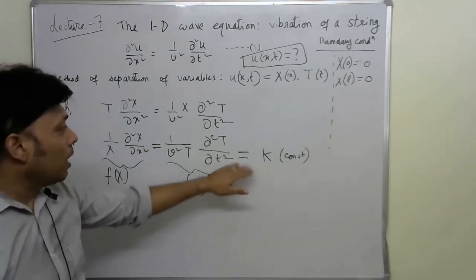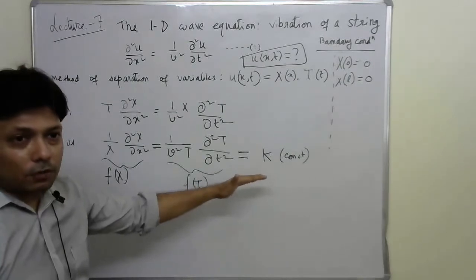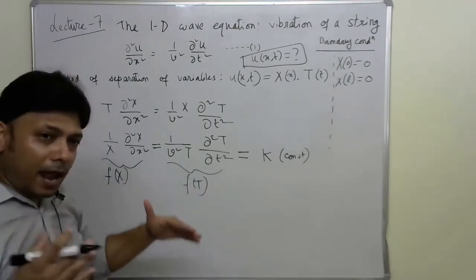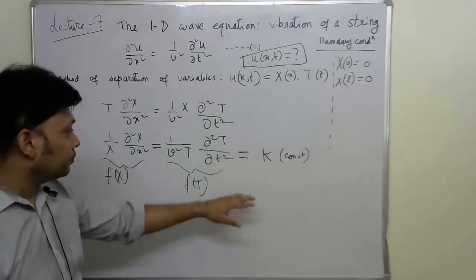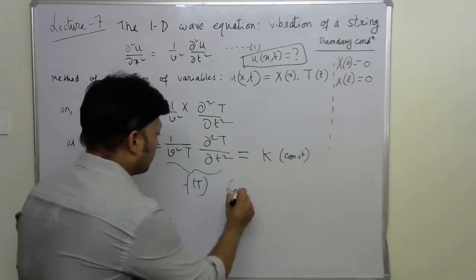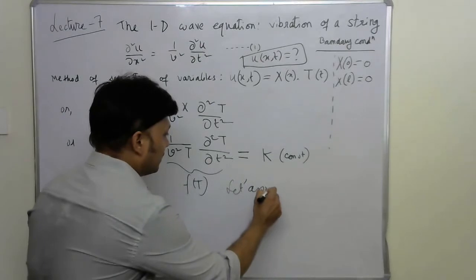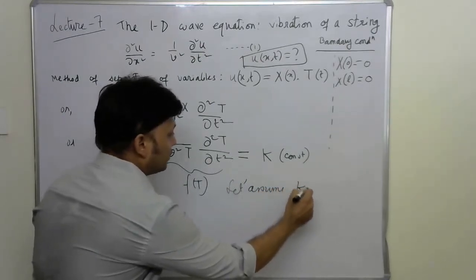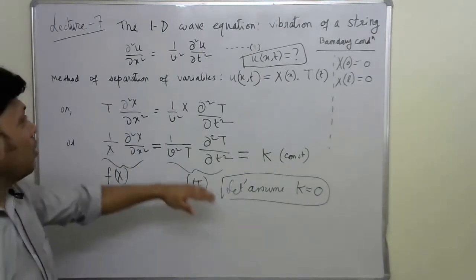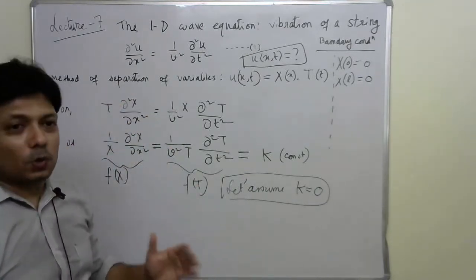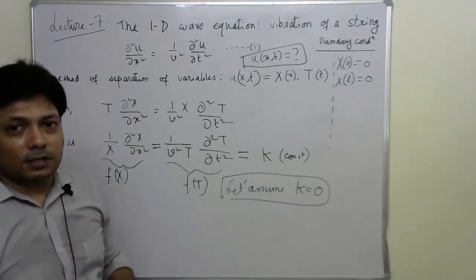We take some arbitrary possibilities of k and narrow down our options. The first option, let's assume the simplest: k is equal to 0. Let's see what the solutions look like.